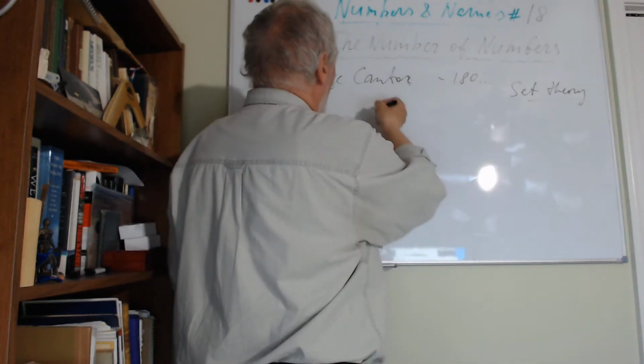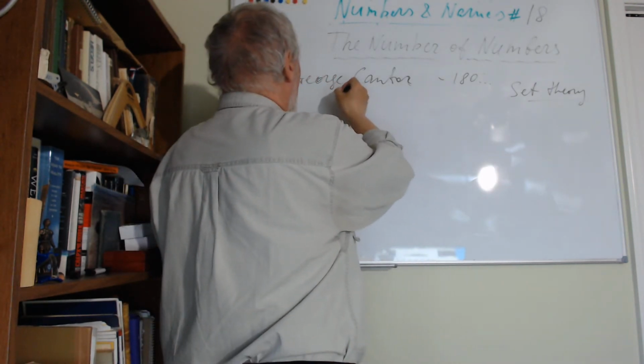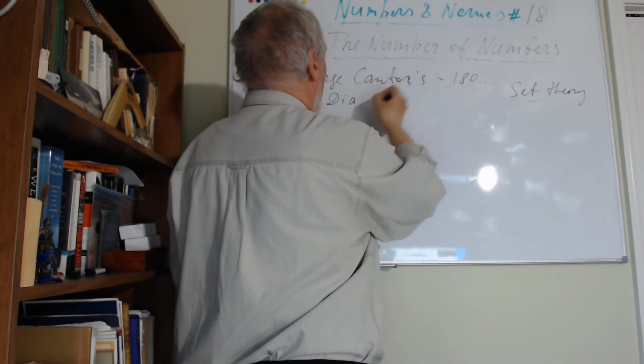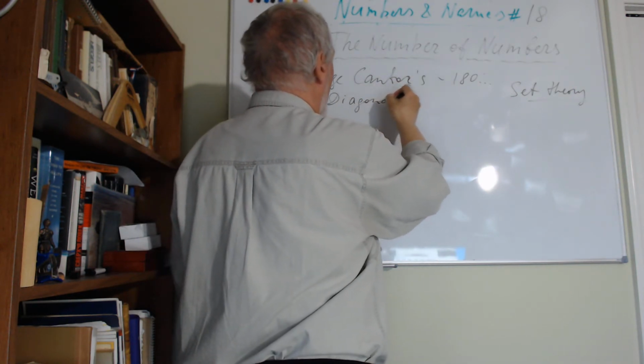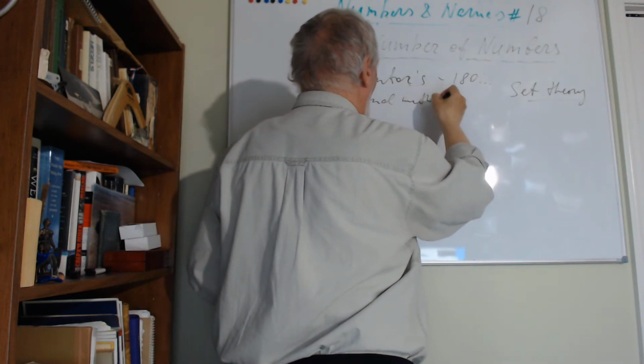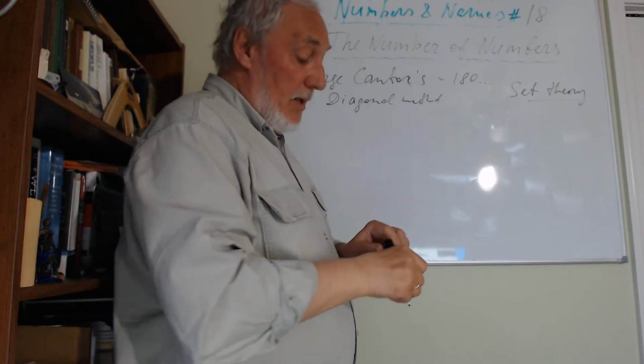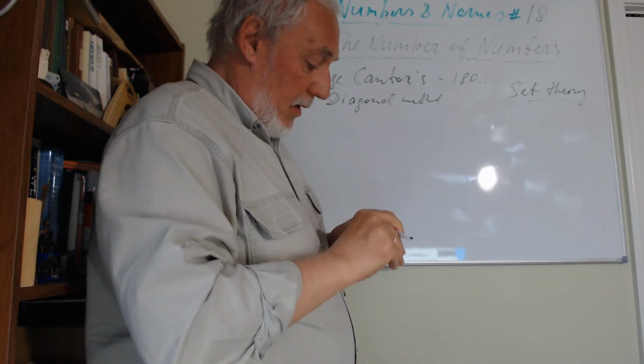And the theorem goes like this. It is called Cantor's diagonal method. He used the method of proof, which in mathematics is called reductio ad absurdum in Latin.